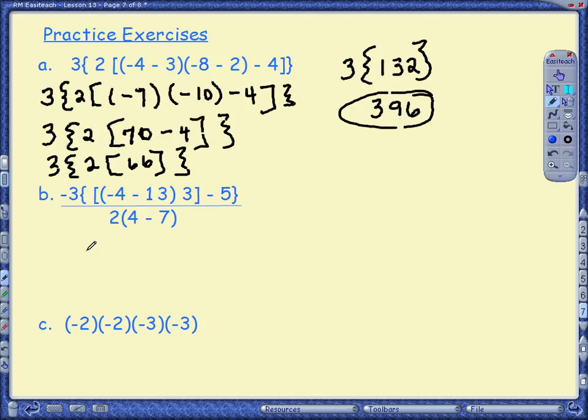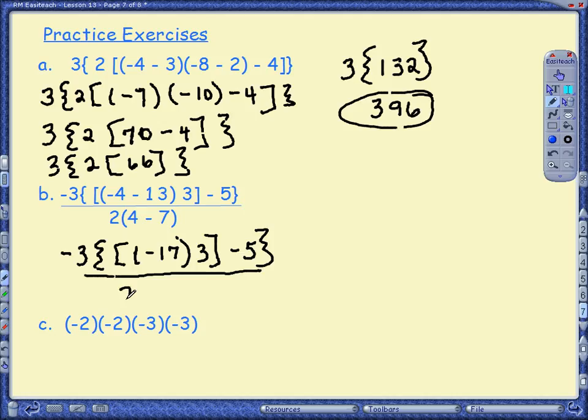Okay, now we're going to do this one. We're going to work in the numerator and then in the denominator. So I'm going to rewrite my -3, my brace, my bracket. Here's my innermost symbol of inclusion, and that in the parentheses is -17. Close my brace.